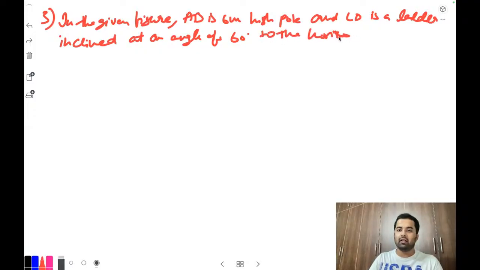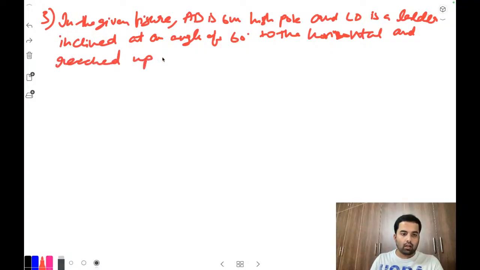Actually, the question is a little bit lengthier and complicated. That's why the diagram is provided. Okay, and reached up to a point D of pole. Full stop.